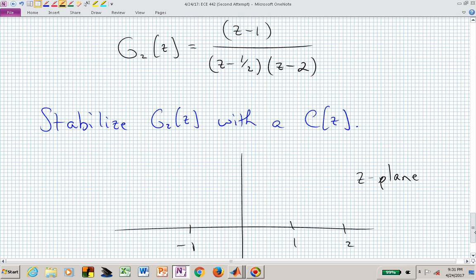And in this case, we have a pole of our original system at 2, another pole at 1/2, and we have a zero at 1.